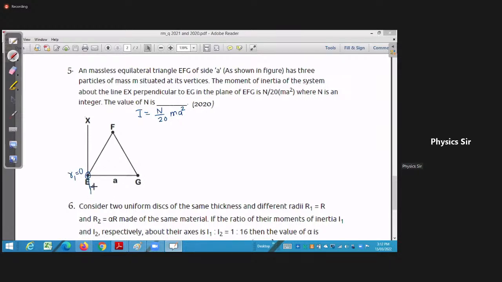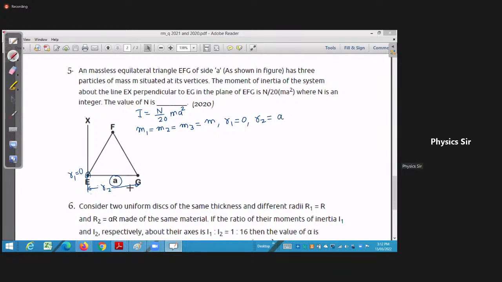If I'm looking at this distance, then this will be r2, and the value of r2 from G will be a. So I know that the masses m1, m2, m3 are all m, and this r1 is 0. What is r2? r2 is a.